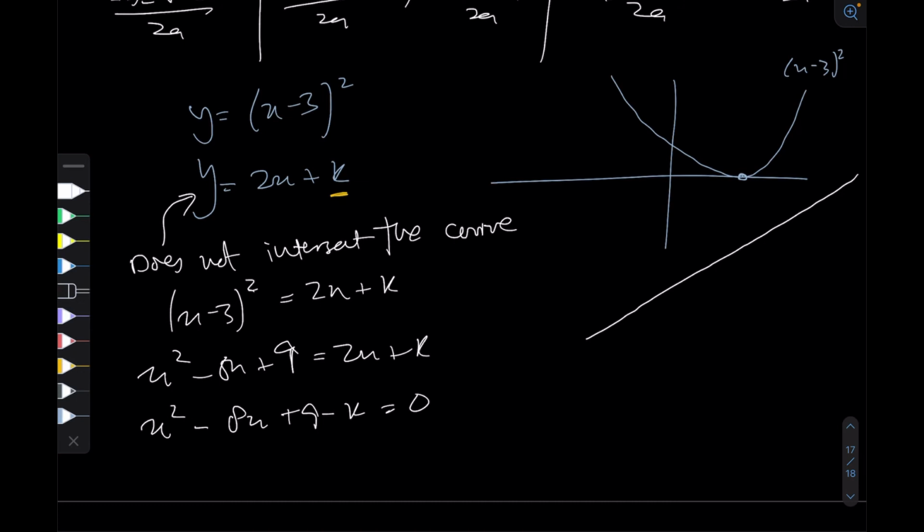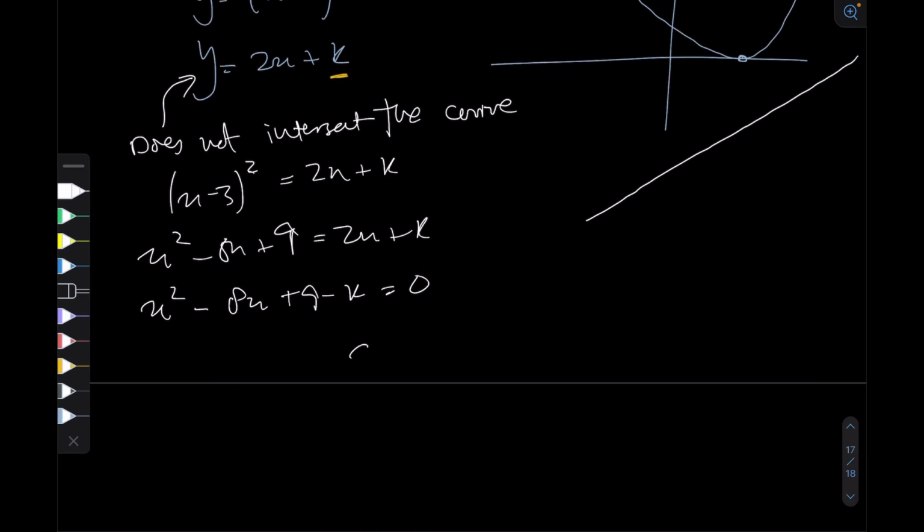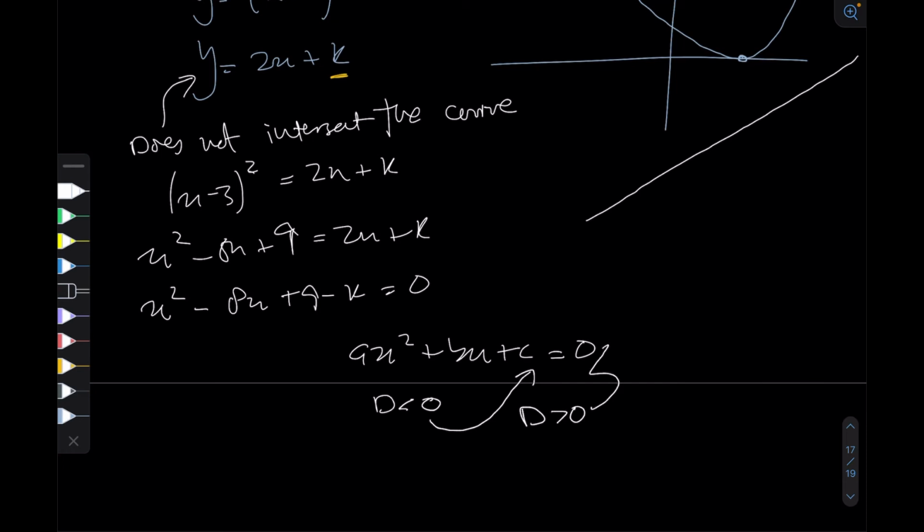Now, if I have any quadratic, ax square plus bx plus c equals 0, if my discriminant is negative, we discussed how there will be no real solution to this. If my discriminant is greater than 0, we discussed how there will be two distinct real solutions.